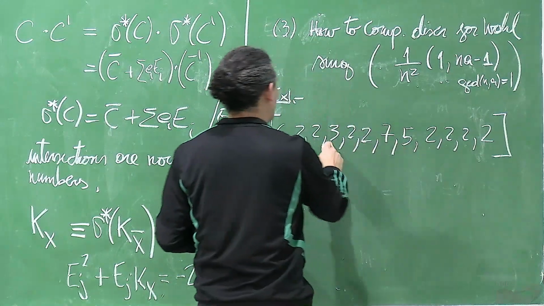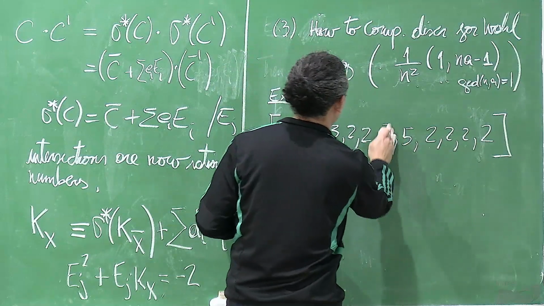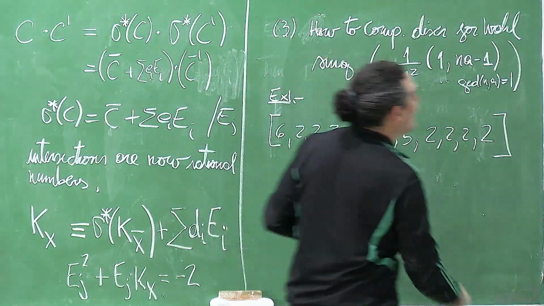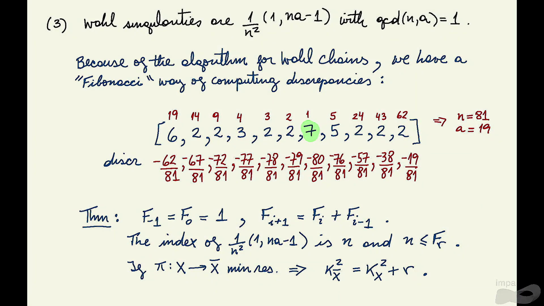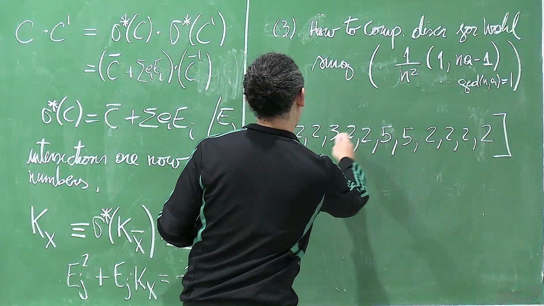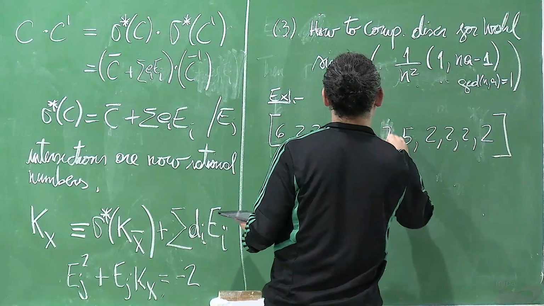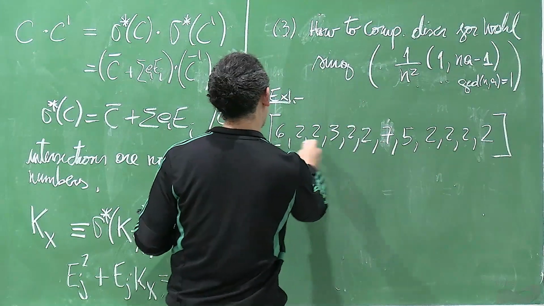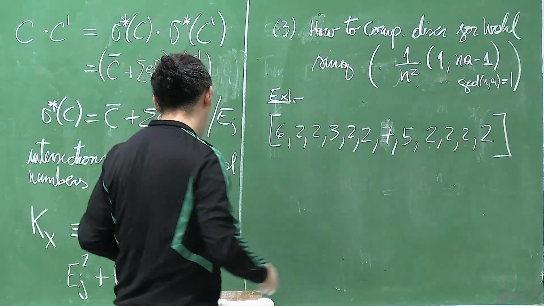Then I subtract here, I get 2, then 1, 2, 3, I get 2 here, and this is 5. So 4, 2, 3, 2, 2, yes, it's okay. There was only one 2 missing.